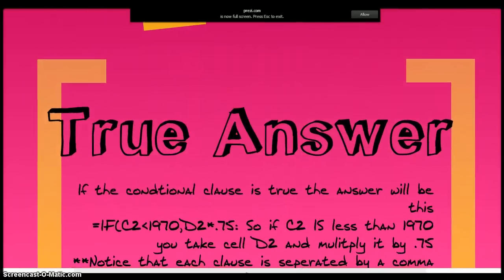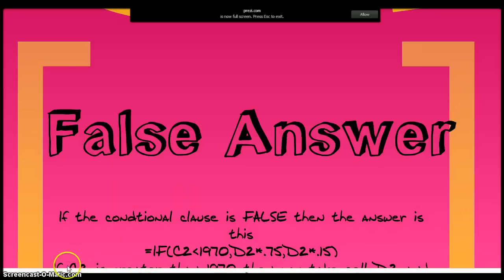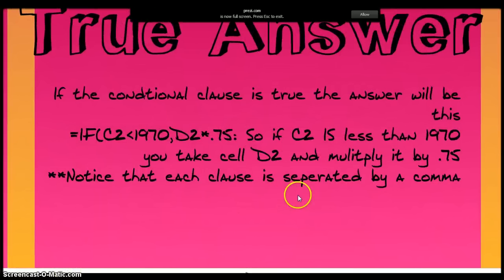The next part is the true answer. Oh, sorry about that. Let me go back. Didn't mean to fast forward. The true answer is if the condition is going to be true. So just like a true and false statement, the answer could be true. So if C2 is less than 1,970, which means that the number that is in cell C2 would have to be lower than 1,970.